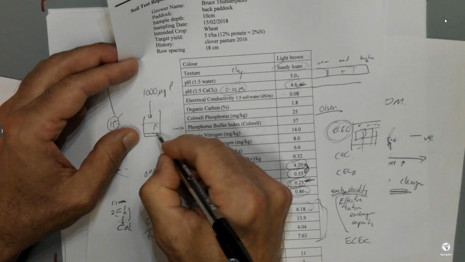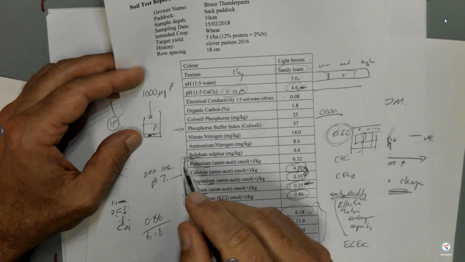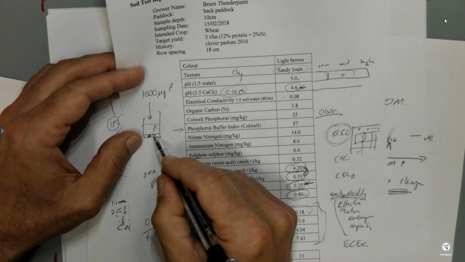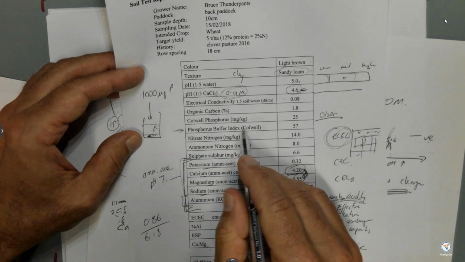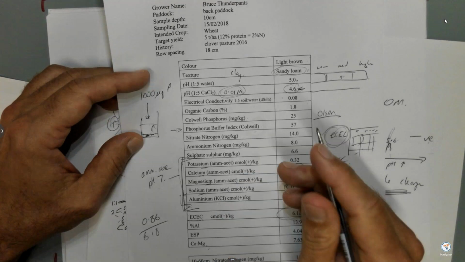Then we can work out how much P must be stuck onto the soil. The more P that gets bound up, the bigger this number. So a phosphorus buffering index like 400 sucks in a lot of P and gets it bound up.